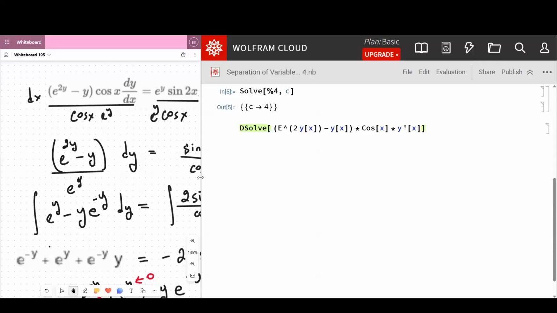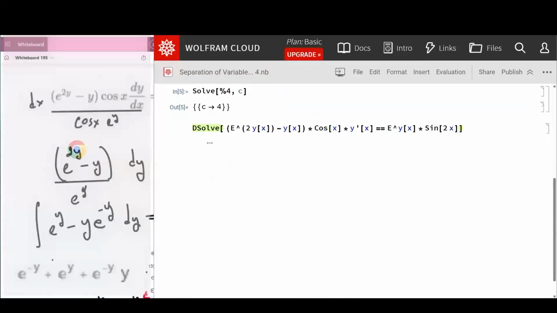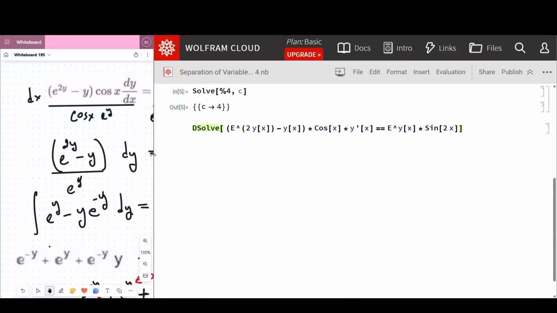All right. And then we have double equal signs always, and then e to the y of x. Whenever you're doing equations, you need to use double equal signs, times sine of 2x. Again, notice the sine is capitalized. Okay, so far all I've done is I've pretty much entered the equation.